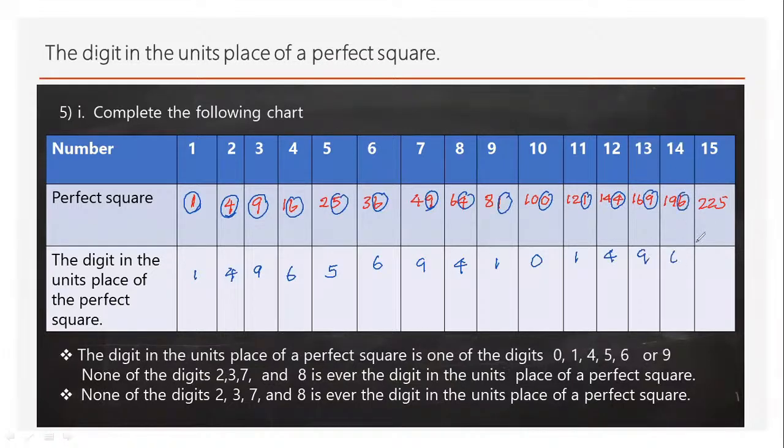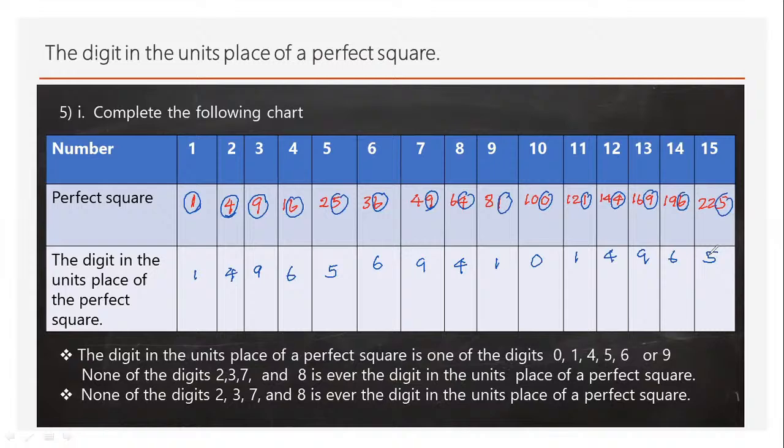Here 6, here 5. According to this, the digit in the unit place of a perfect square is one of the digits 0, 1, 4, 5, 6 or 9.